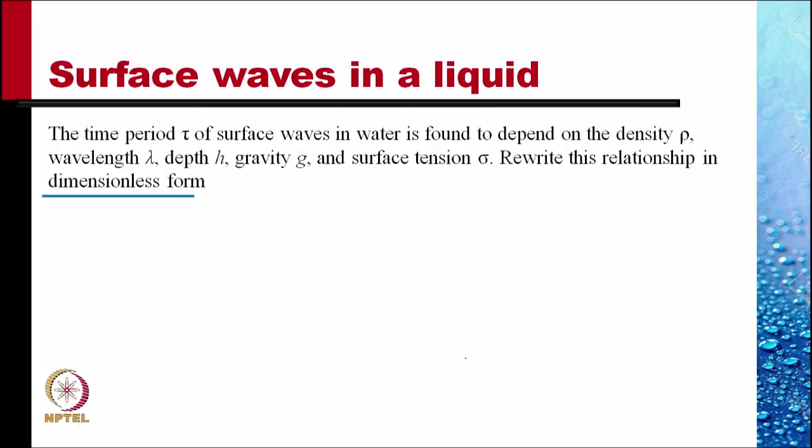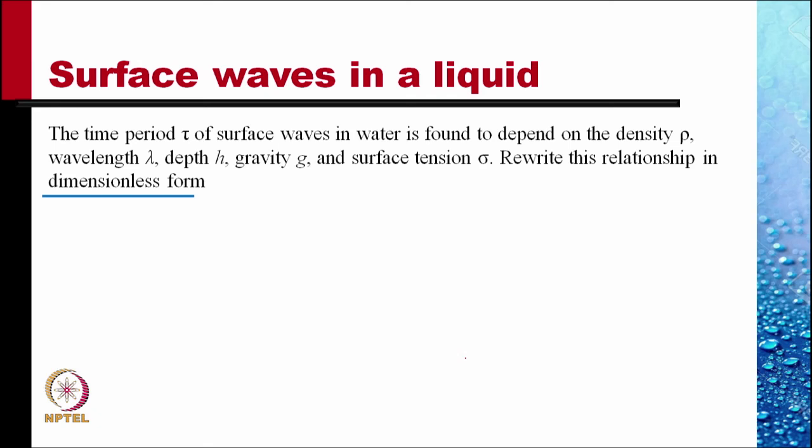Can we do this for other situations? Let's apply it to the surface waves in a liquid. On a pond of water, in an ocean, the waves travel. The time period tau of the surface waves in water is found to depend on the density rho, the wavelength lambda, the depth h, gravity g, and the surface tension sigma.